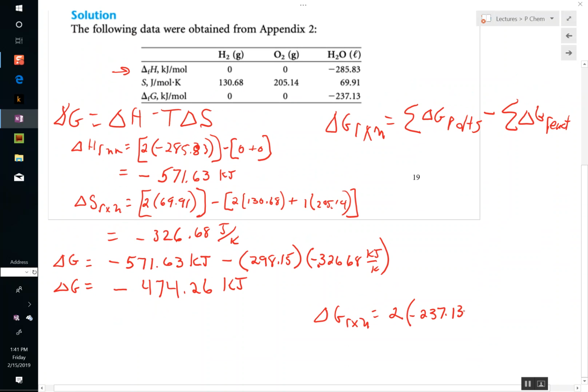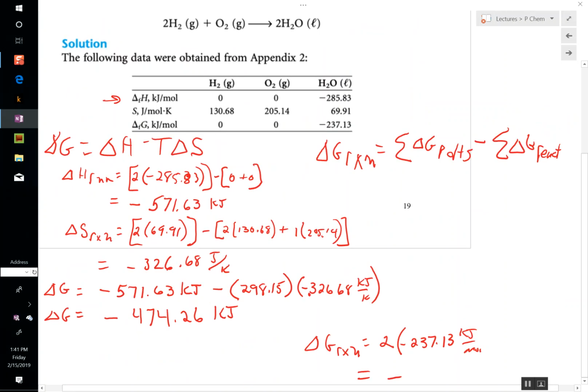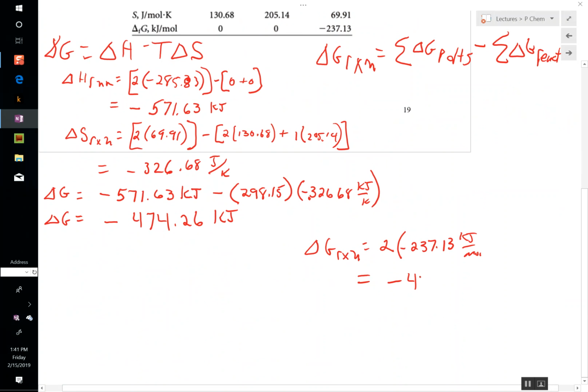And so this is getting the, and that is negative 474. All right, so the two approaches to it, and they both end up at the same place.